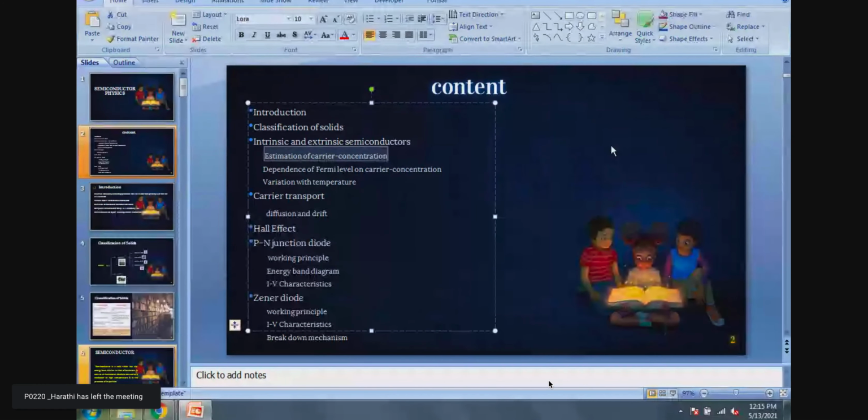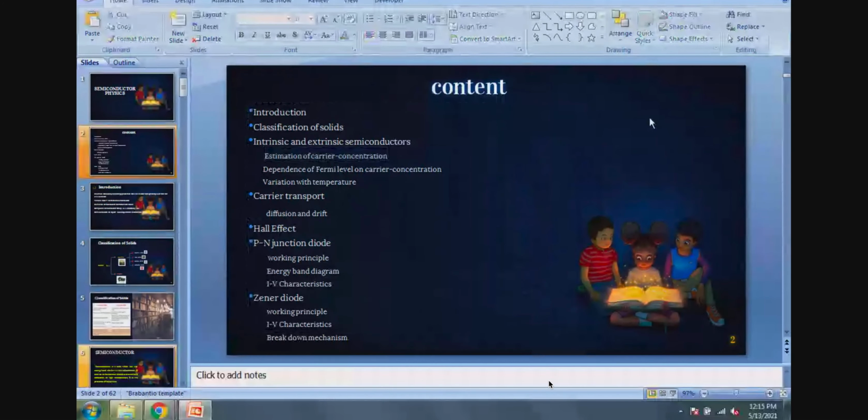One is finding the concentration of electrons in the intrinsic semiconductor, and also the concentration of holes in the intrinsic semiconductor. As usual, you know that the number of electrons in the conduction band is equal to the number of holes in the valence band. You have to prove at thermal equilibrium by equating both the equations.